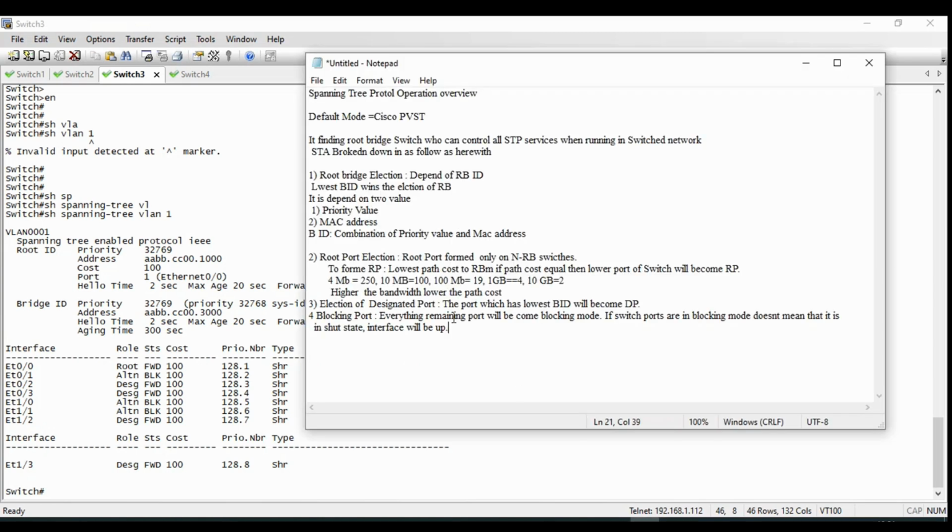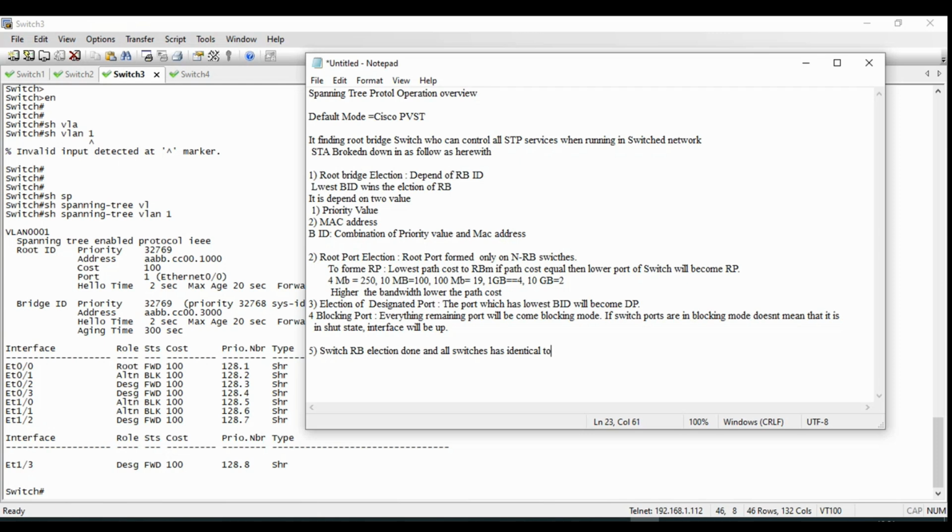Now everything is done. Now the fifth step: the root bridge election is done, and now all switches have an identical topology database.